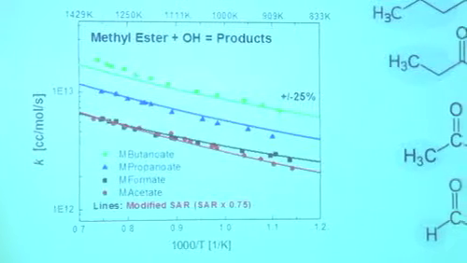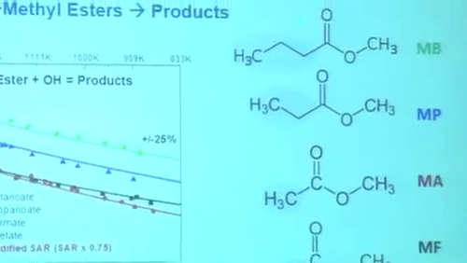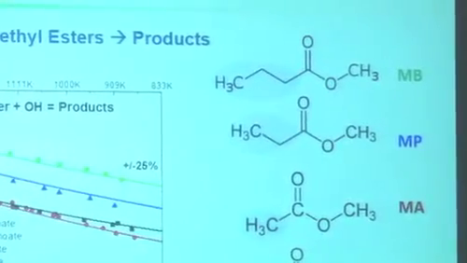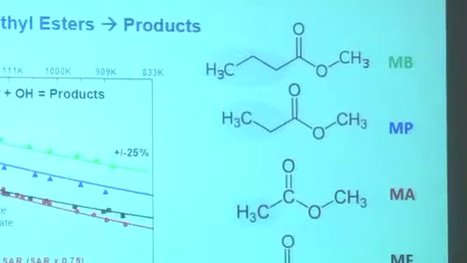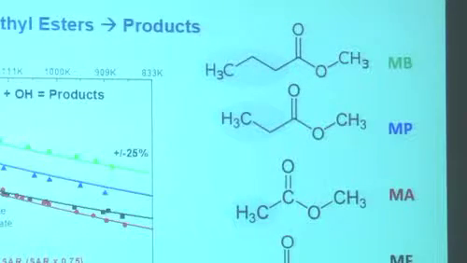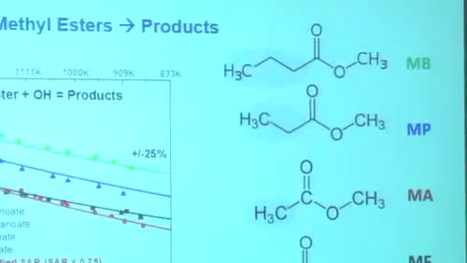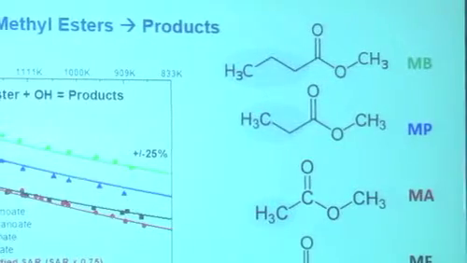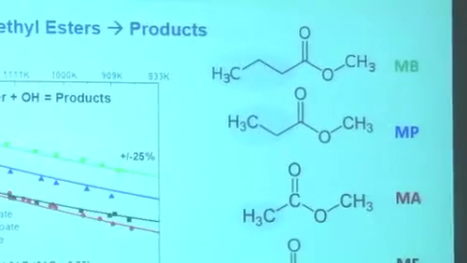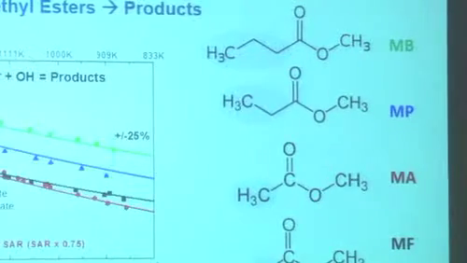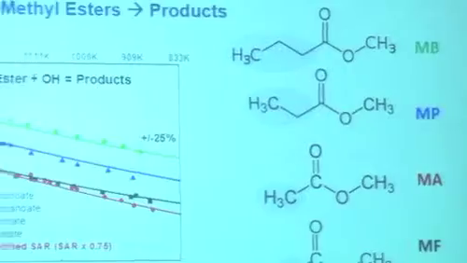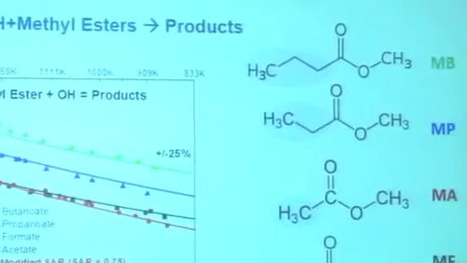Basically it's all these H's that are available to react with the OH, so it progressively goes up. So this is really a very nice, accurate progression of data that's enabled. Low scatter. This student's very conservative. He says plus or minus 25%. I think it's better. Good agreement with something called the structured additivity relationship by somebody named Atkinson.